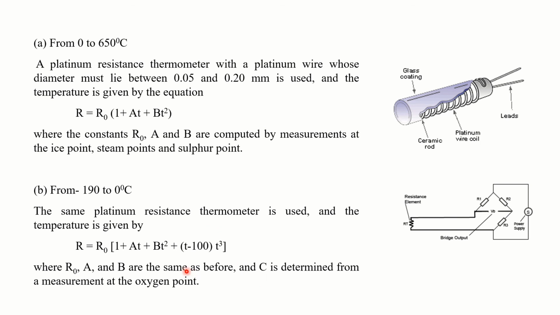That's missing in my equation. See here, this is determined from the measurement at the oxygen point. There are four equations required, as there are four constants here: R0, A, B, and C. This should have been C.